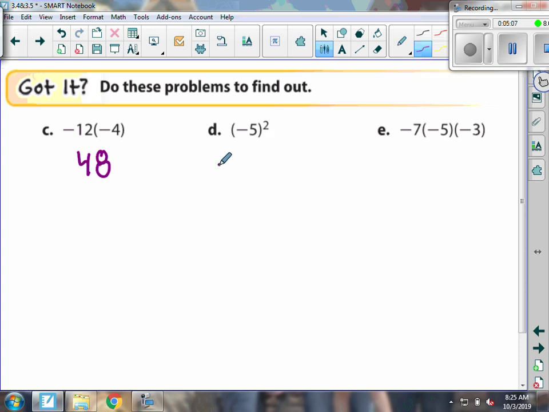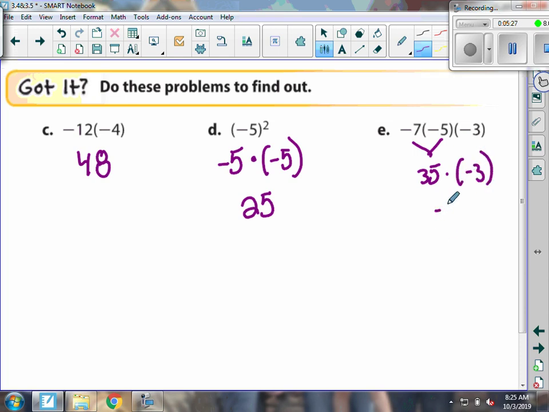Negative 5 squared is negative 5 times negative 5, which gives us positive 25. And for E, we have negative 7 times negative 5 is 35, times negative 3 gives us negative 105. Okay, good job.